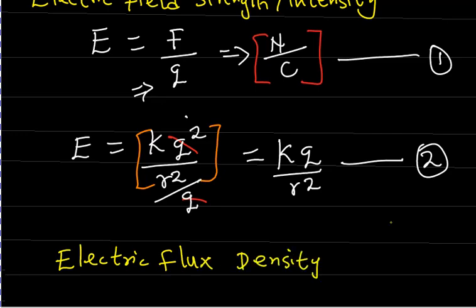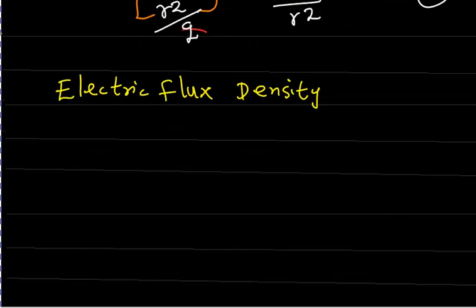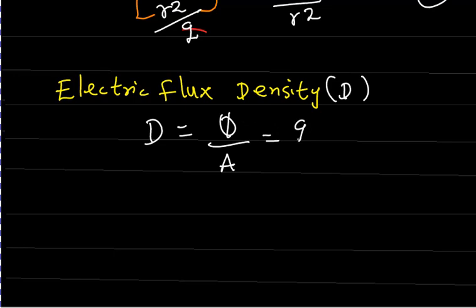The density of electric flux, the symbol is D, is always equal to the electric flux per unit area. And we know that approximately electric flux is equal to the quantity of charge, divided by area. Now the relationship that exists between electric field and electric flux density.